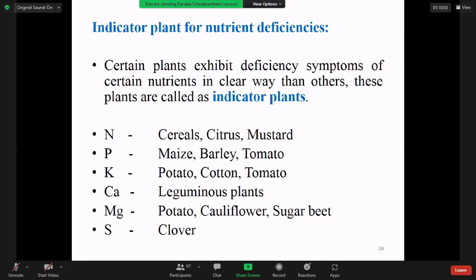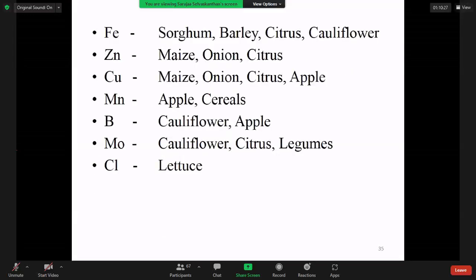You have to know what indicator plants are and examples of them. For nitrogen, cereals and citrus; for phosphorus, maize; and for potassium, potato. You have to know the main indicator plants.